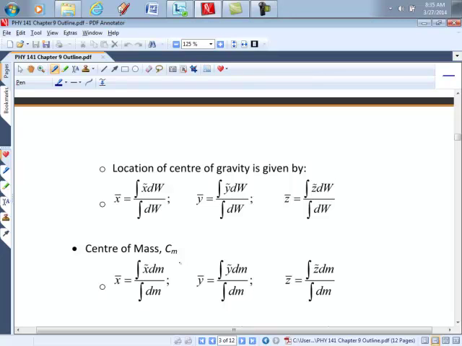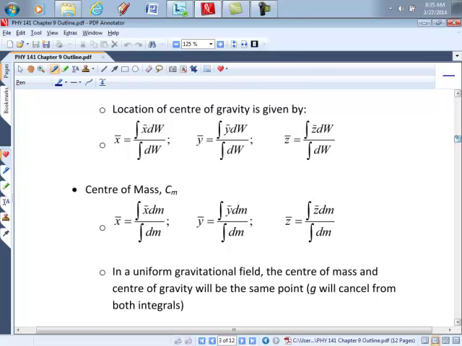So if we were looking at the center of weight of the moon orbiting the Earth, I guess the Earth's gravitational field would be slightly different on the farther side of the moon, so we could take that into account. But even at that, it's going to be virtually the same location as the center of mass. So in a uniform gravitational field, the center of mass and center of gravity will be the same point.